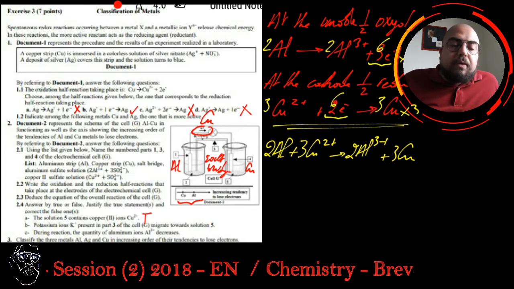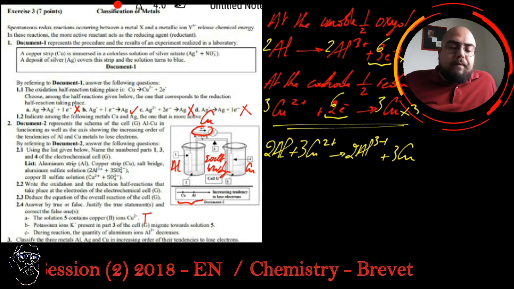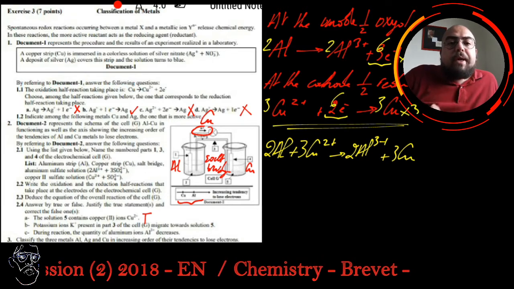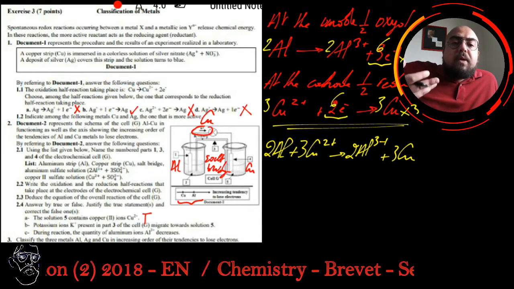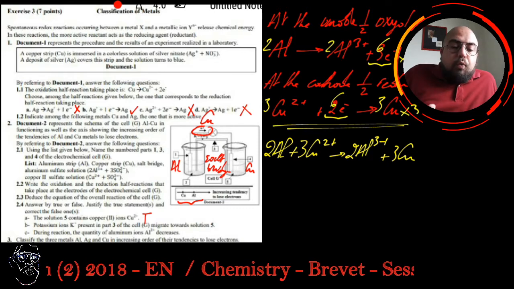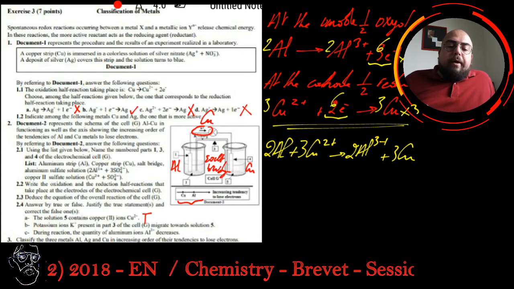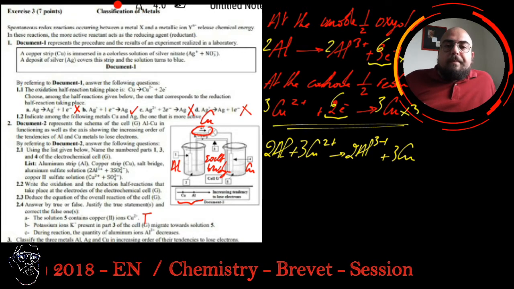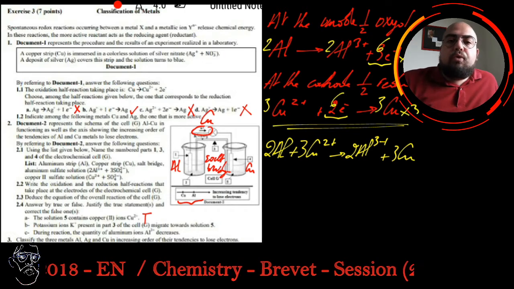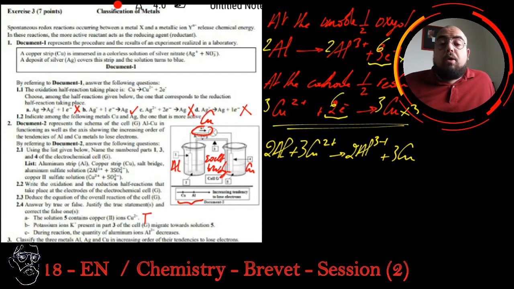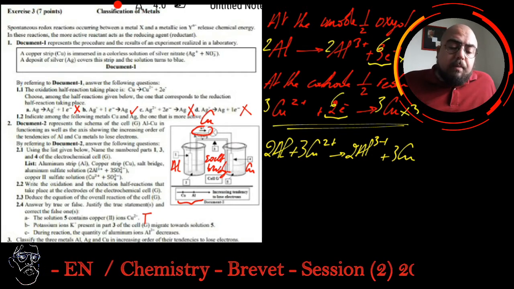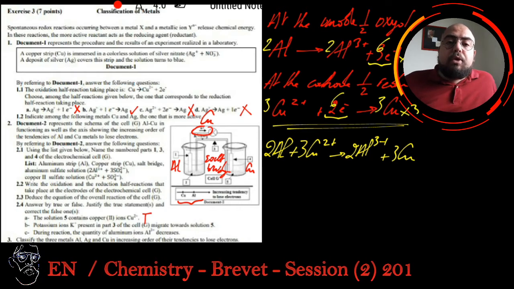In this part, you should simply remind yourself that K+ will migrate towards a part where the positive charges are less. So in which part do I have positive charges being transformed to solid atoms? It's Cu2+ plus 2 electrons, which gives you Cu.